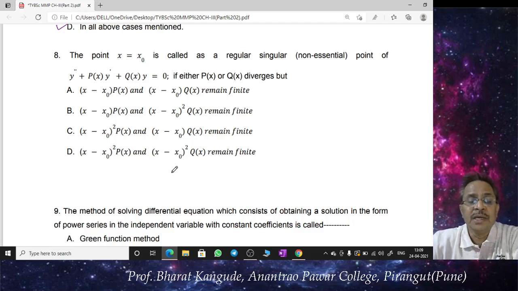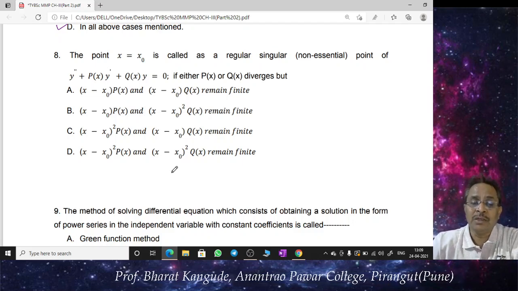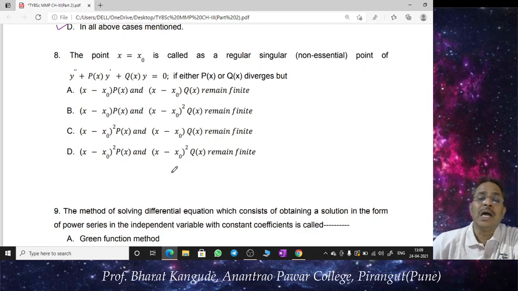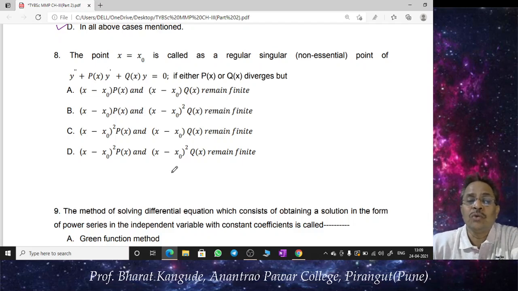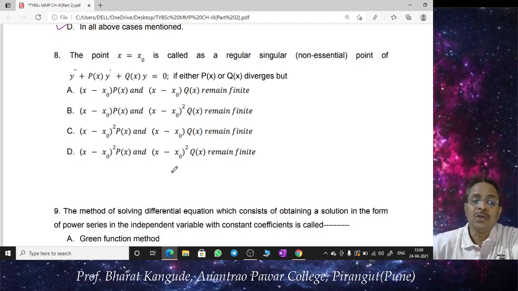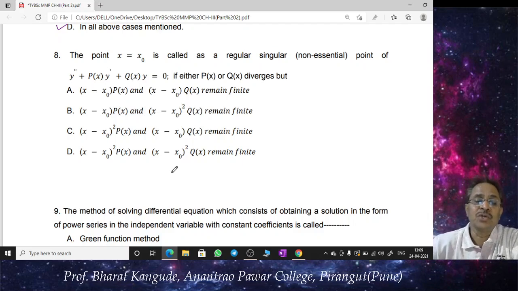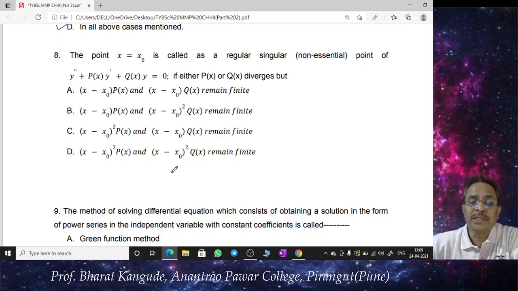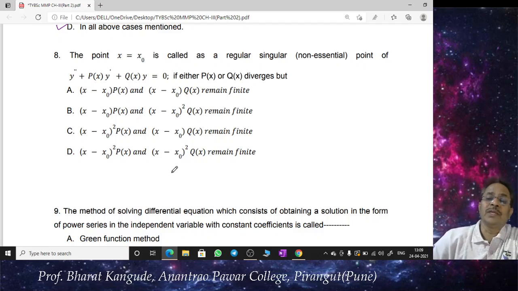Option A is x minus x0 raised to 1, this bracket into p of x, and x minus x0 into q of x, both remain finite. Option B is x minus x0 into p of x and x minus x0 square into q of x remain finite.